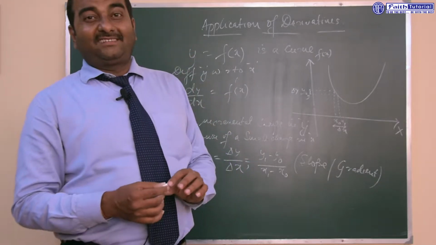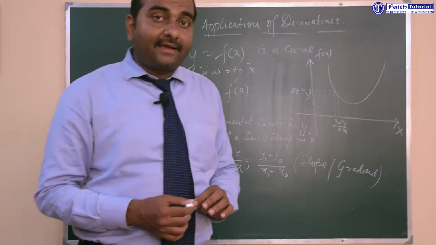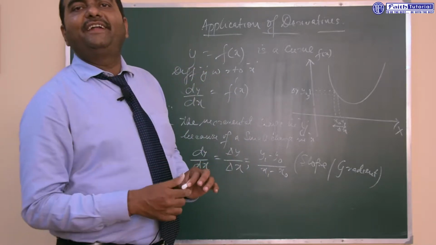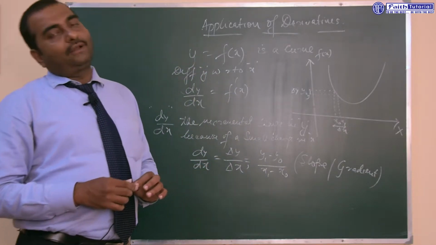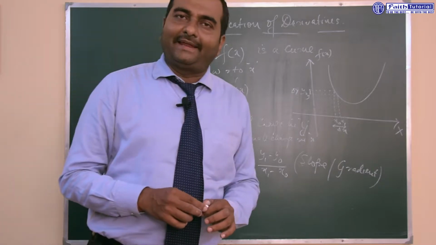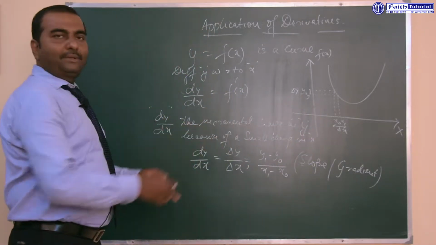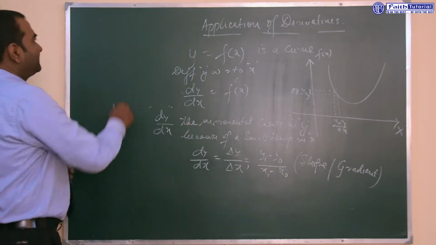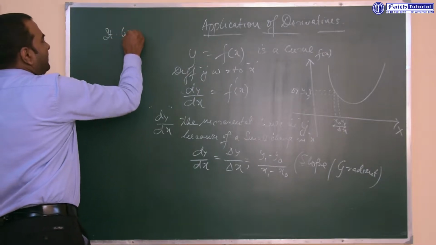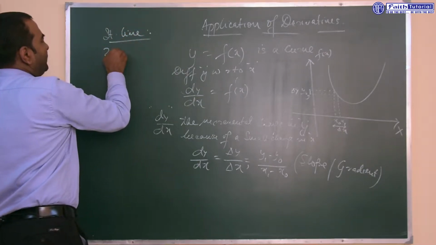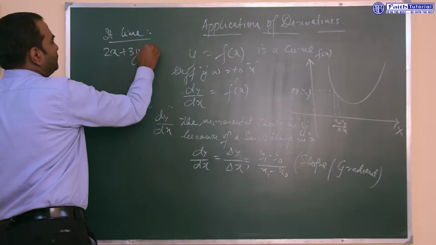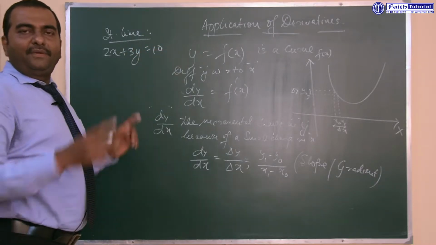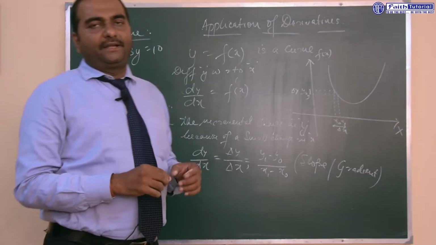Dy by dx can be considered or is taken as the slope or the gradient of that particular function or that particular curve or that particular straight line. See, we can have a very simple example to understand this. If I have a straight line given by the equation 2x plus 3y equals 10, we intend to find out the slope of this particular line.